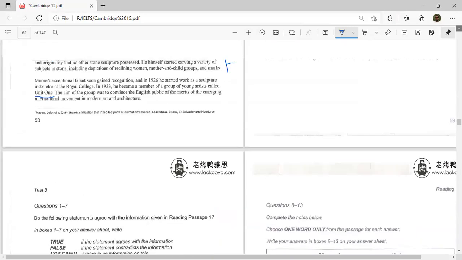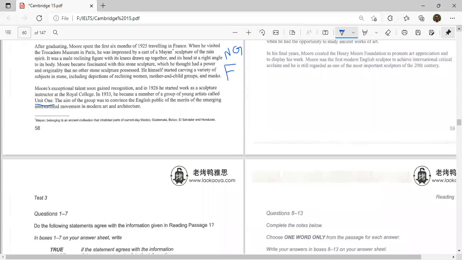Here. The aim of the group was to convince the English public of the merits of the emerging international movement. Merits and popularity. Is it true? Okay, tell me how it is true.